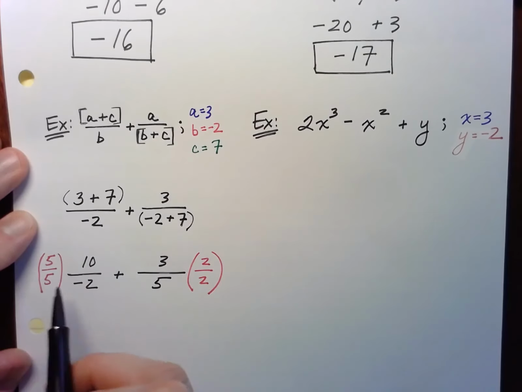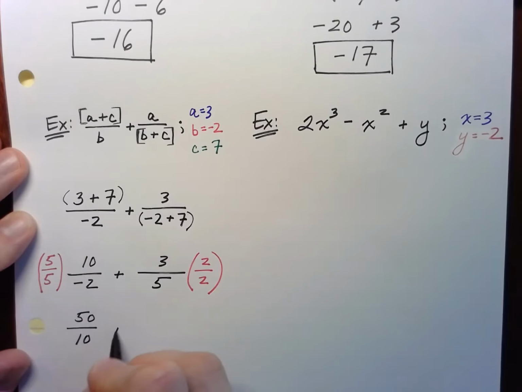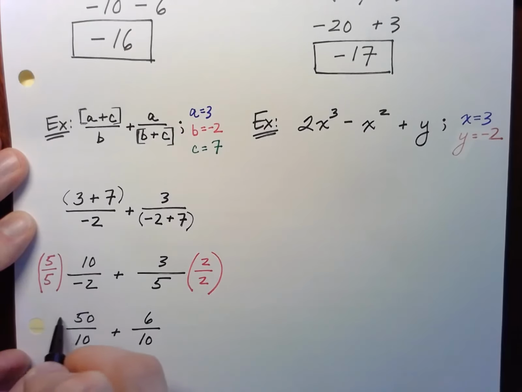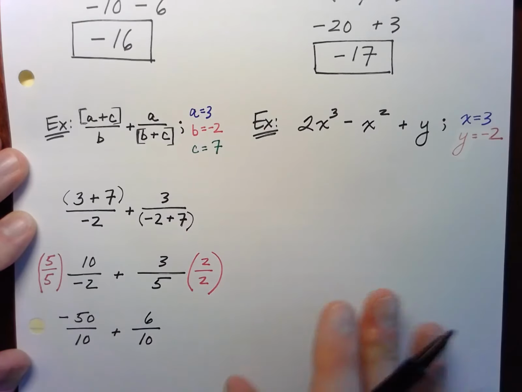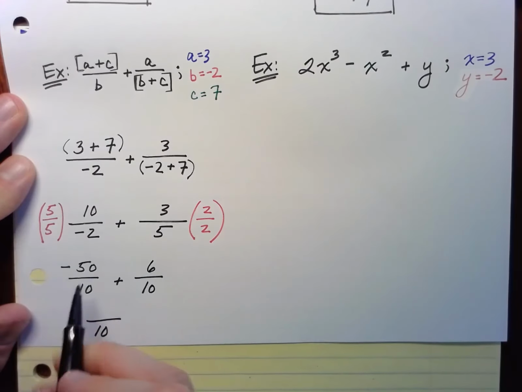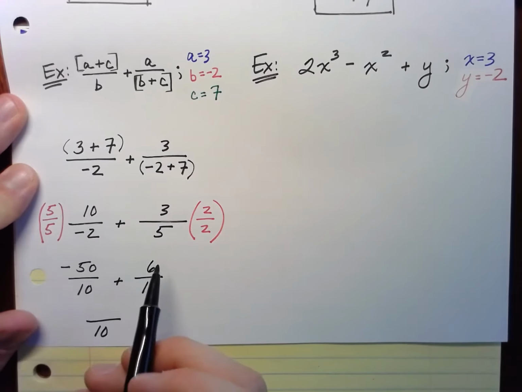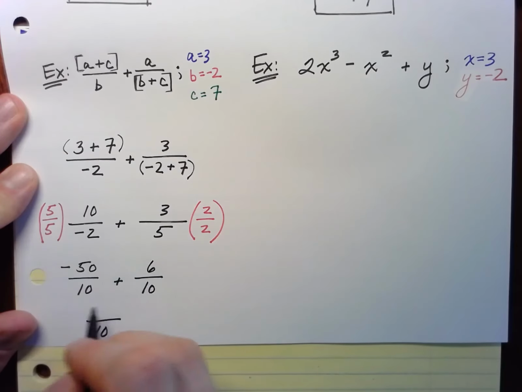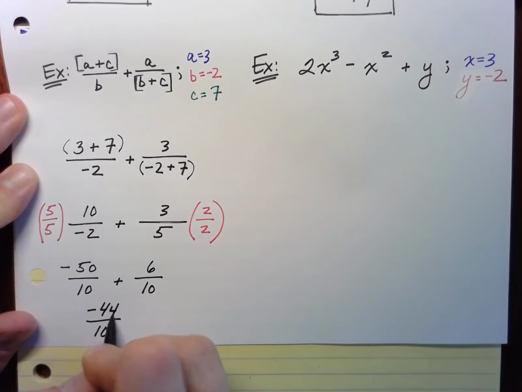So if I'm simplifying this now, I'm going to have 50 over 10 plus 6 over 10. This first one is a negative, so I'll just put the negative up there. I can now simplify this, and I get negative 50 plus 6, which is negative 44.